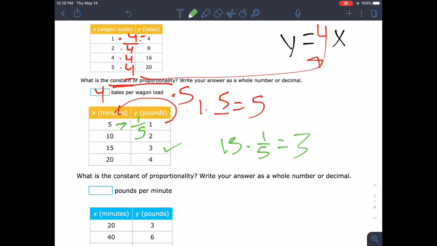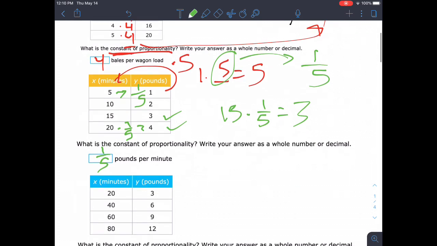That one checks out. 20 times 1/5 is going to give us 4. That one checks out too. So it's 1/5 pounds per minute. I know that seems like a tricky answer, but it's going to come up. So we have to just make sure we know how to turn this 5 the opposite direction, makes it 1 over that number.